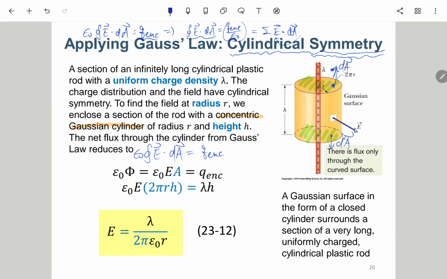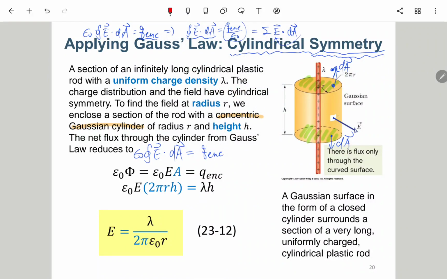Okay, and as this is cylindrically symmetric and this rod is infinitely long, we know that for the side, E is always pointing in the radial direction.